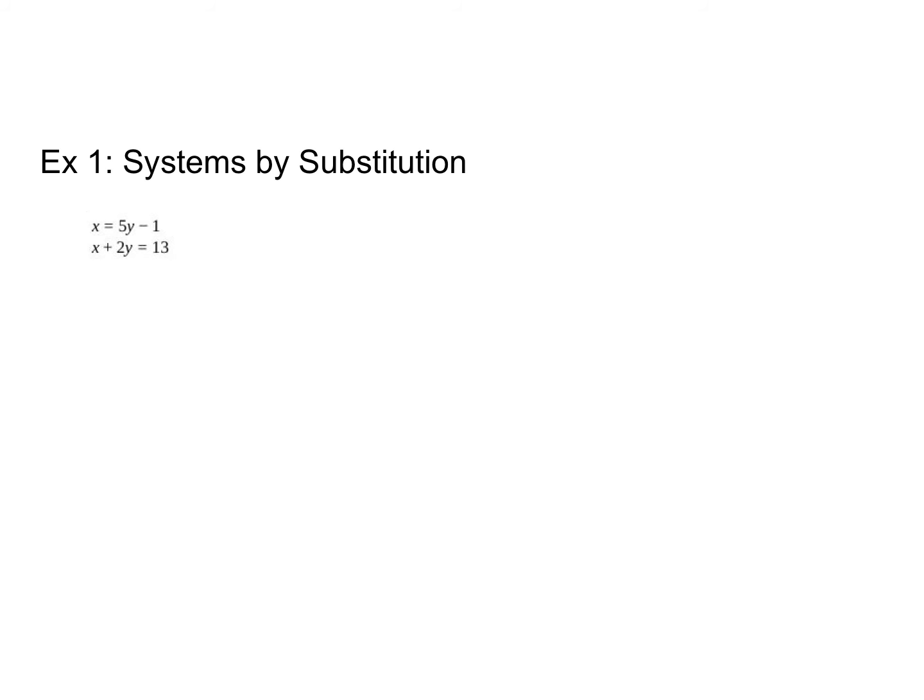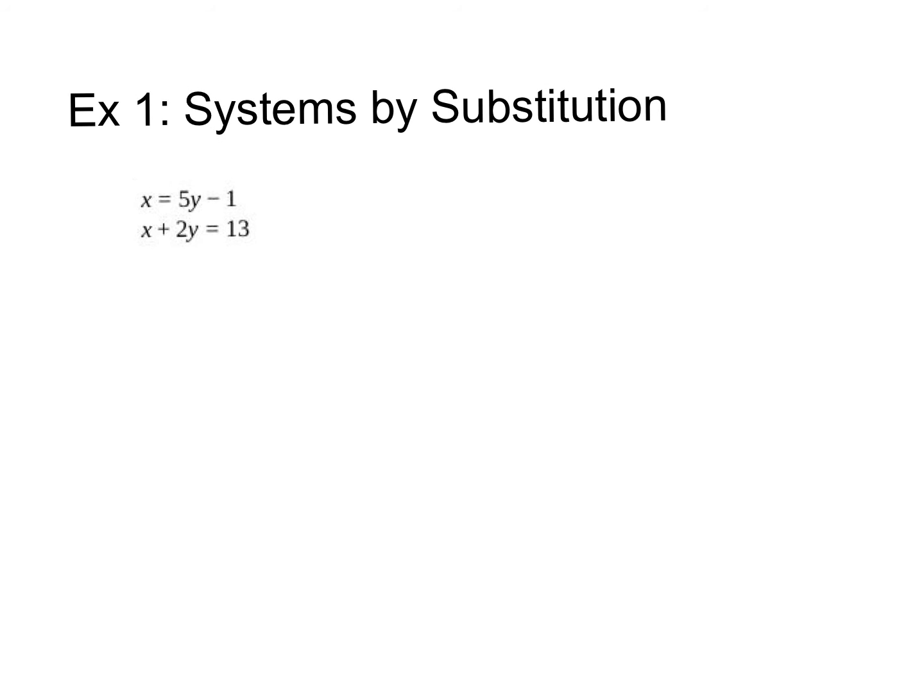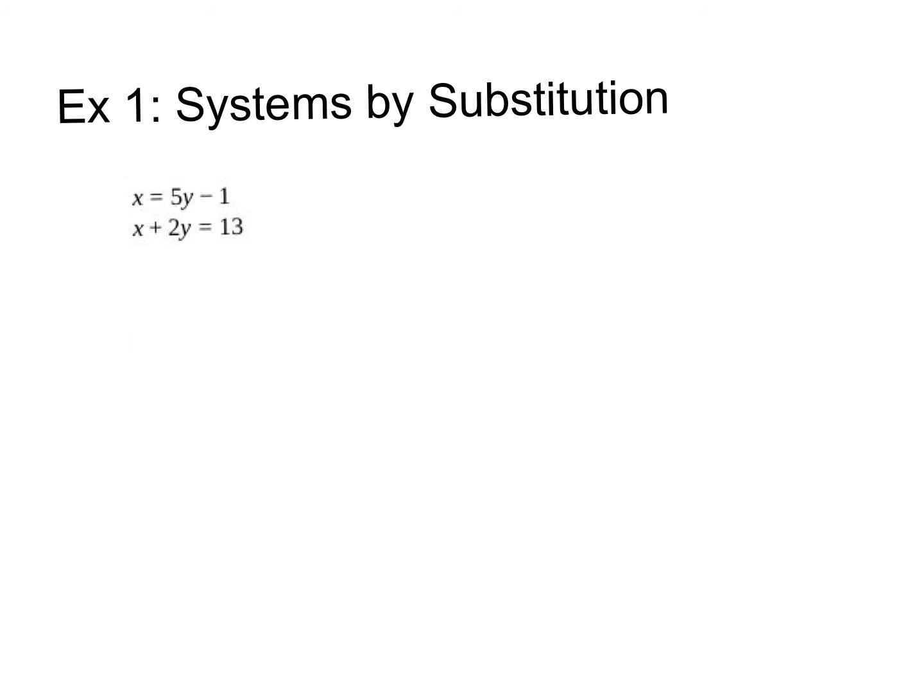Okay, this third example here. Now we're looking at them, and it looks like the top one is solved for x already, so that's good. So let's substitute that in. When we look at that bottom equation, we're going to say 5y minus 1 is replacing the x, plus 2y equals 13.